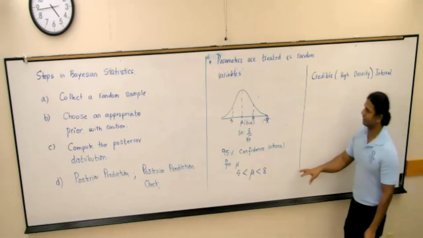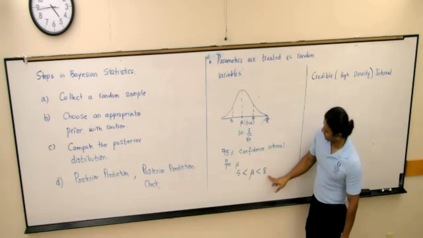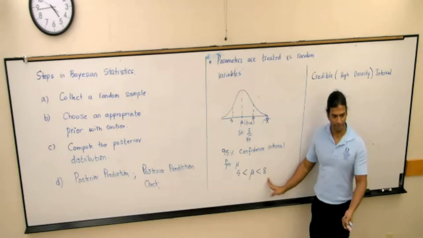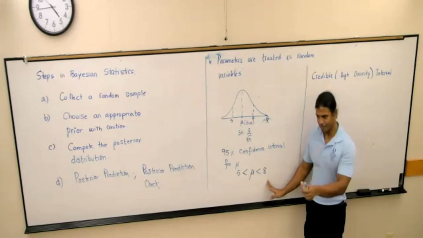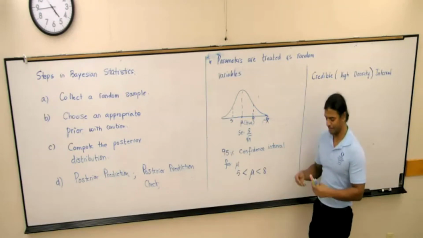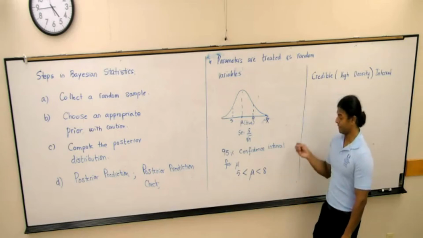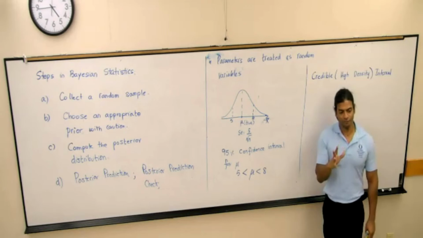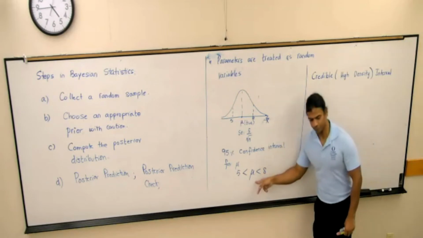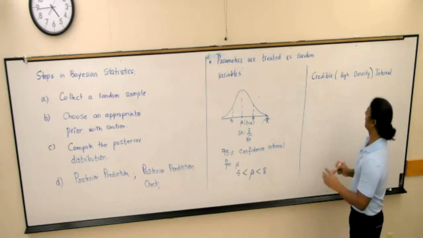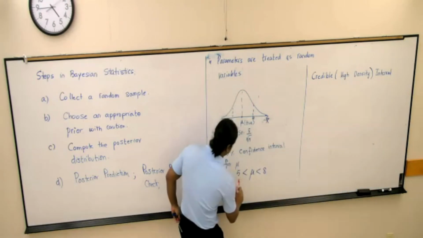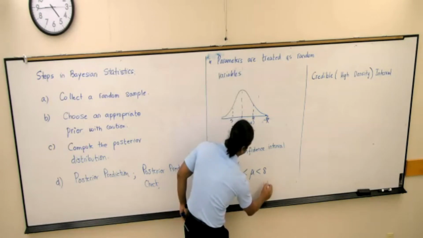In the frequentist interpretation, we are treating these endpoints as fixed values, right? 5 is fixed, 8 is fixed, and I say, well, 95, if I collect 100 samples, 95 of them would produce a mean that would fall here. But just for the lower limit as lower bound, LB, UB.